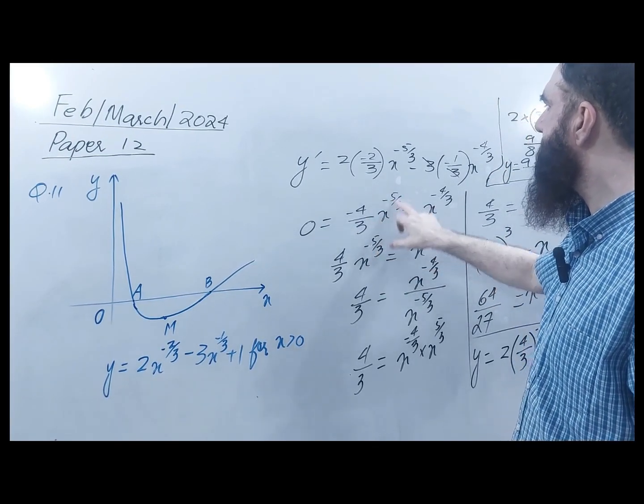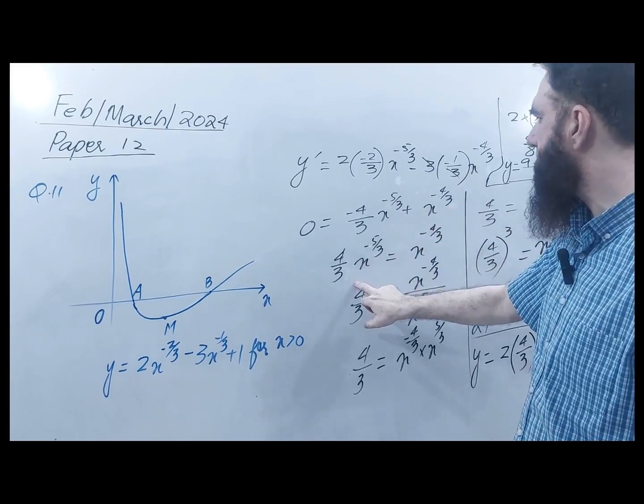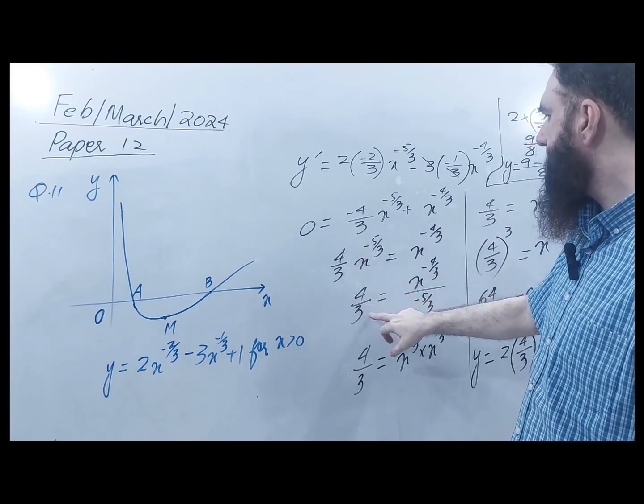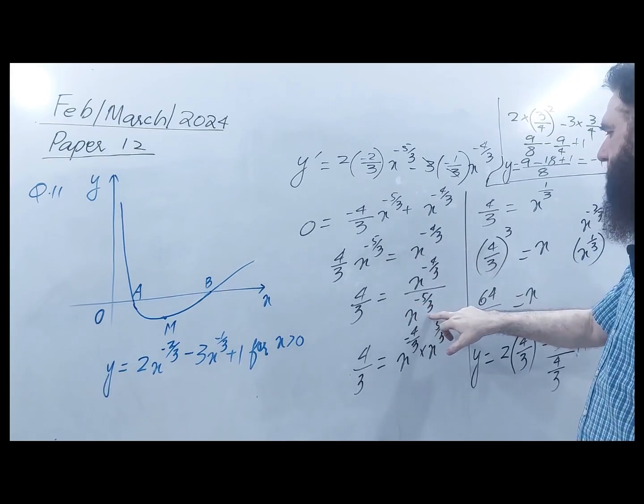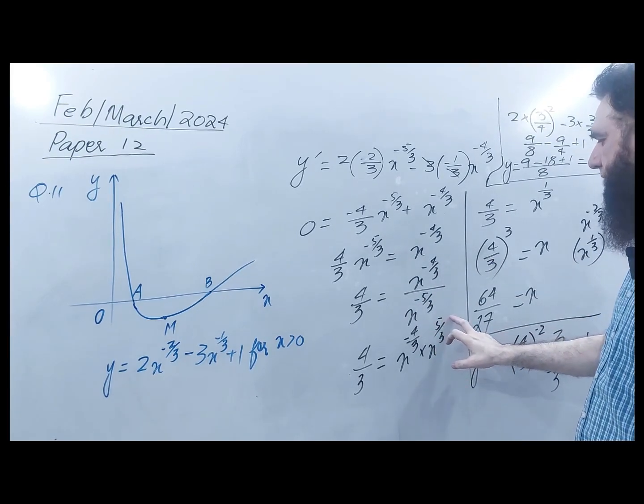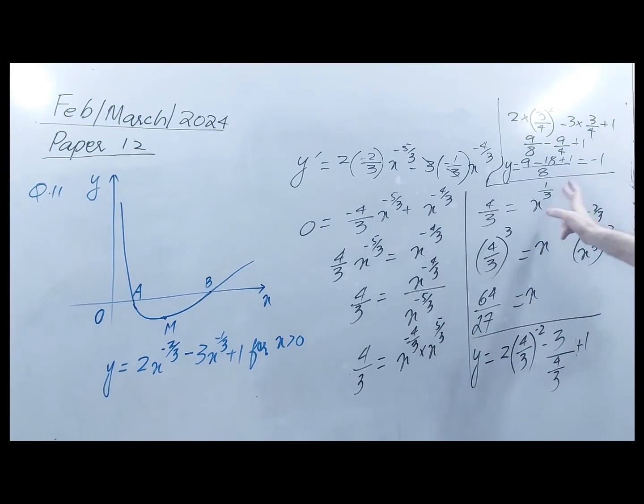Minus 4 by 3 x power, you take this on this side, then x power 5 by 3 divides and goes upward, plus you add 1 upon 3 power and you take the cube. 4 4s are 16, 4 is 64, 3 3s are 9, so 27. You can use a calculator also, and then when you put here x power 1 by 3 is 2, 4 by 3 power minus 2 minus 3, 4 by 3 plus 1.